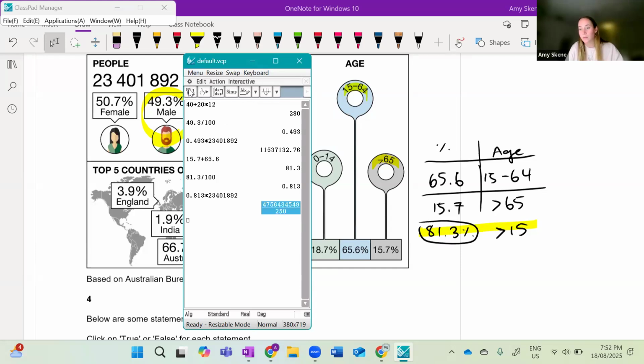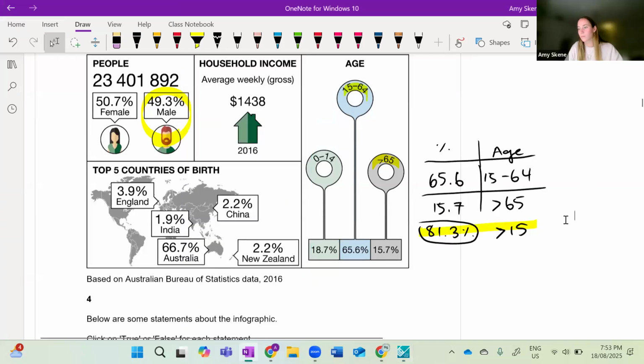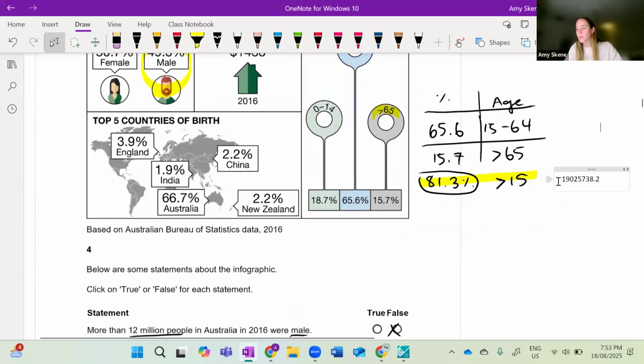And converting it out of a fraction, you've got 19 million 25,738. So I'm going to write that number down. We just copied and pasted it instead. So that is the number of people.